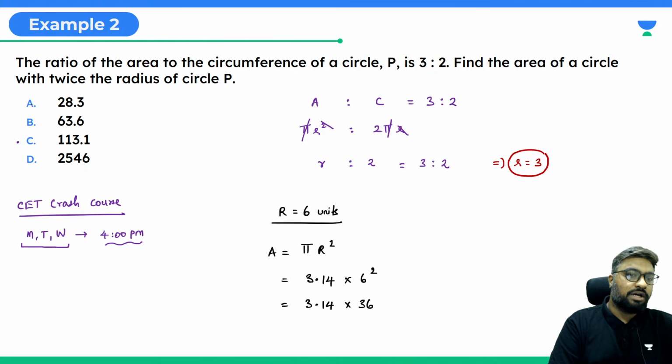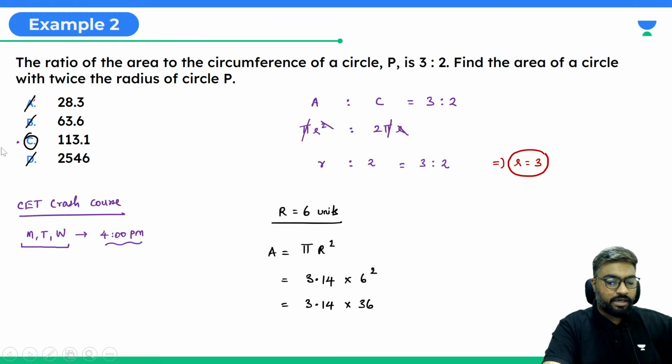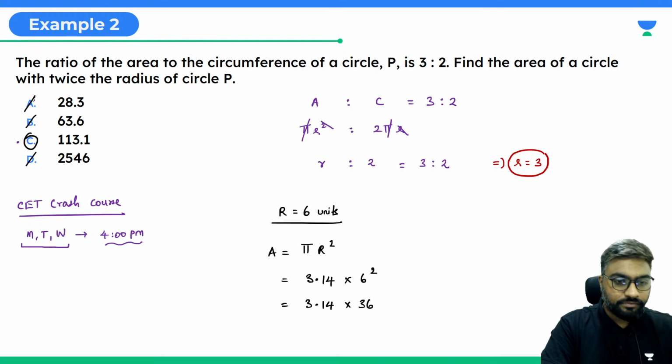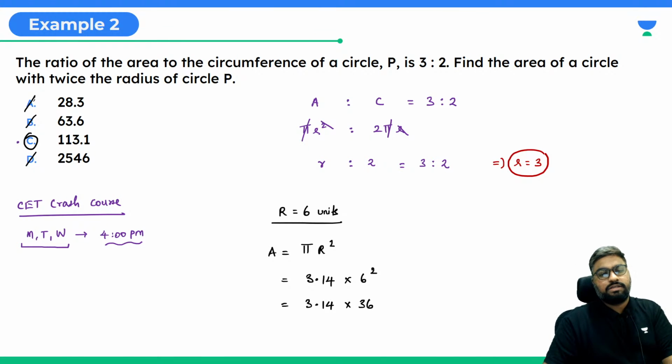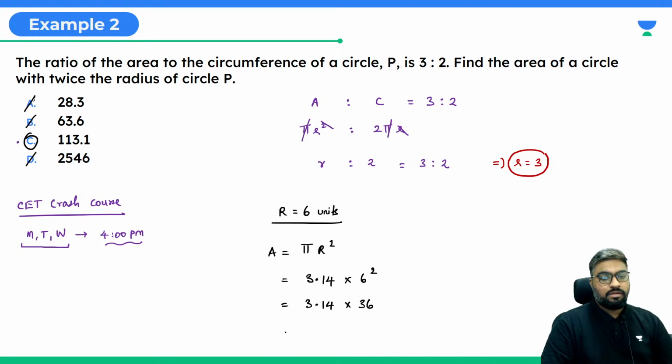Yes, so closest to 108 is what? 113.1. Good? Cool. Any questions, any confusions? This is approximately equal to 113.1 square units.